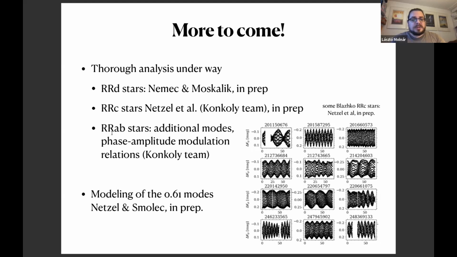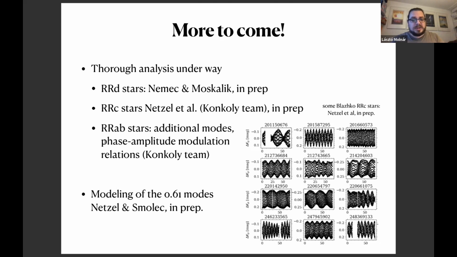We have also started to work on the RRab stars. There are a lot more of them, of course. We are going through the detection and classification of additional modes. And as Robert mentioned, we are also looking into how the phase and amplitude modulation is related to each other in the stars and how they change over time, compared to each other.